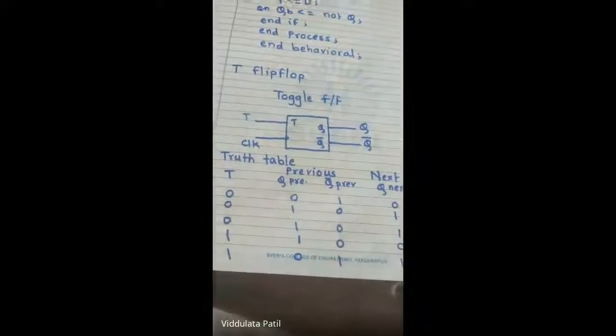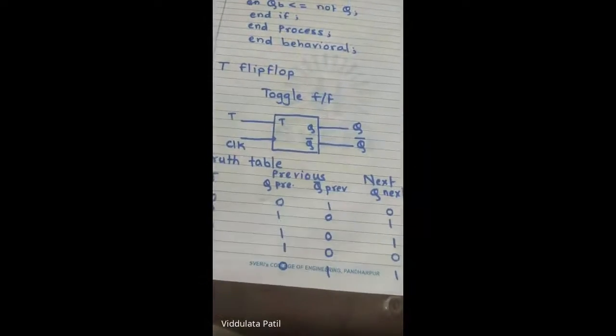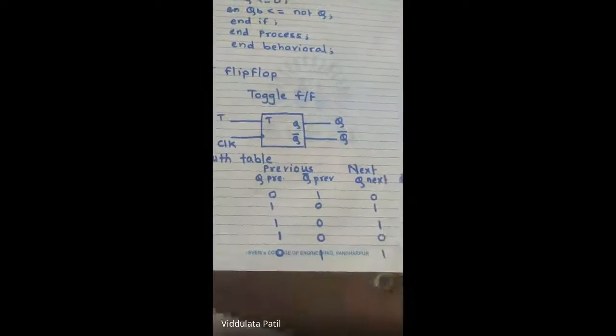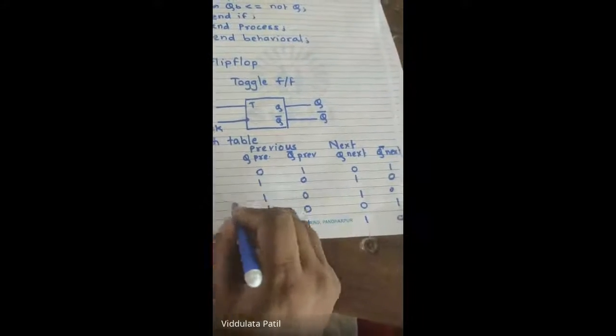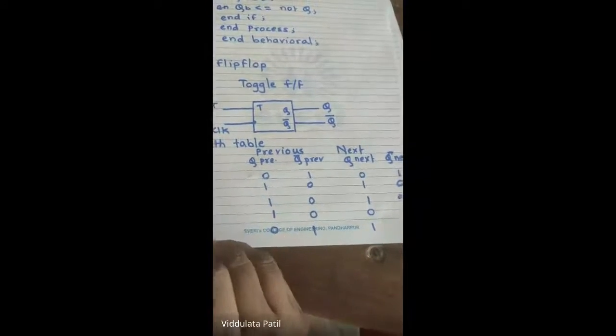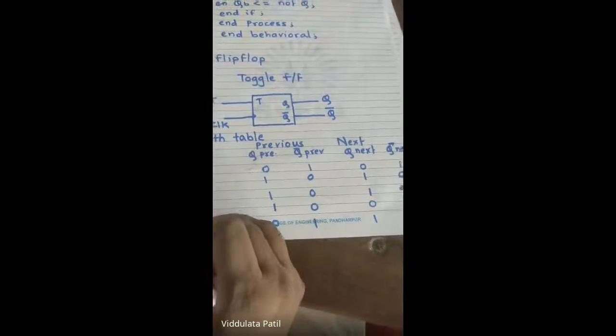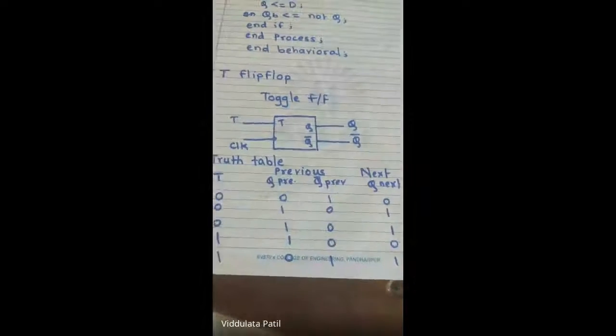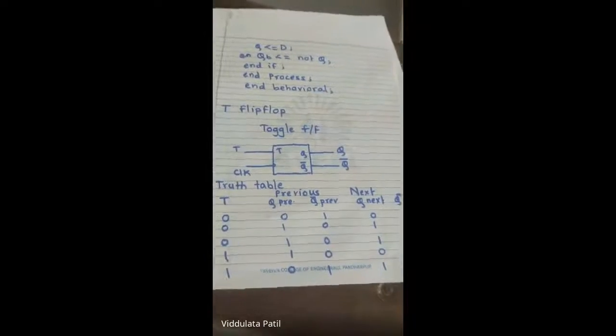Okay, so this circuit depends on the clock signal present at the input, and the output depends on the input T.